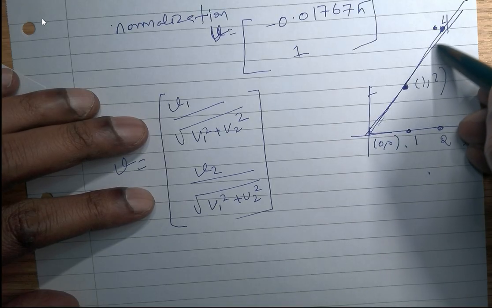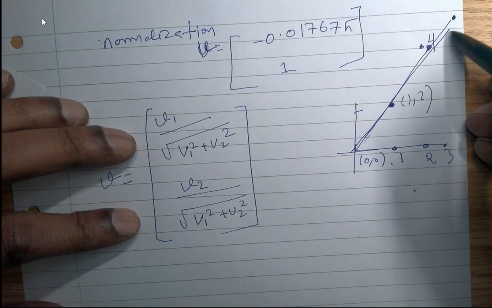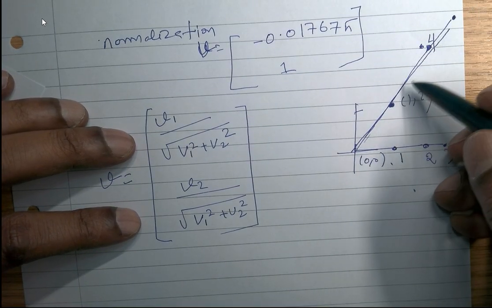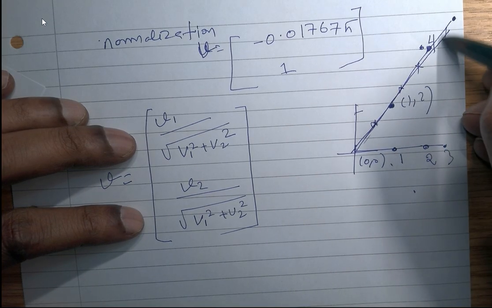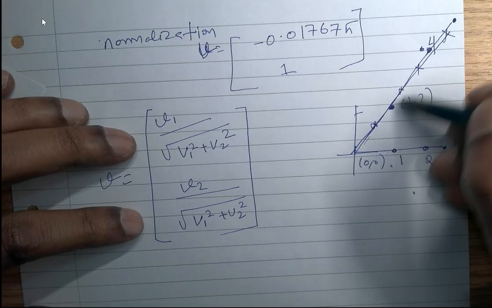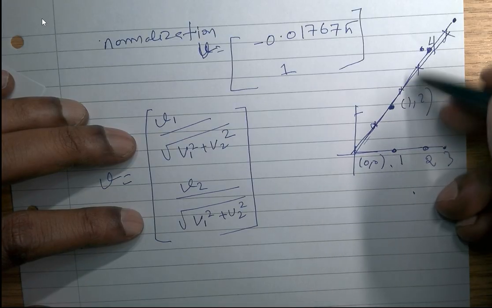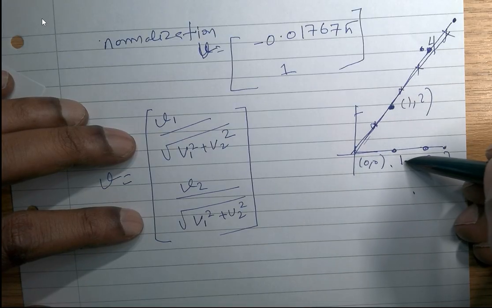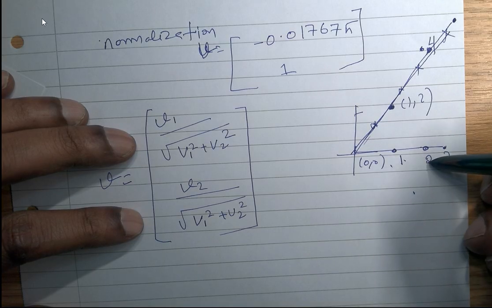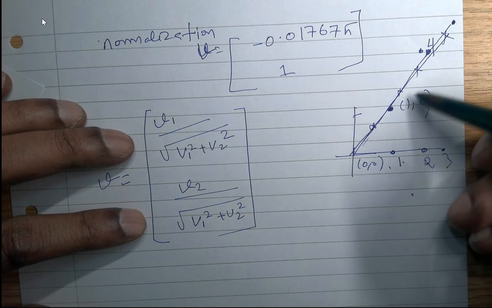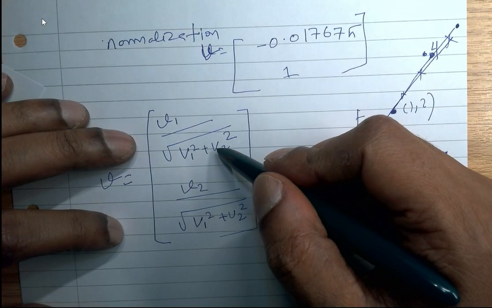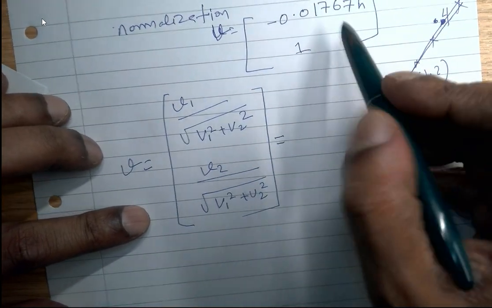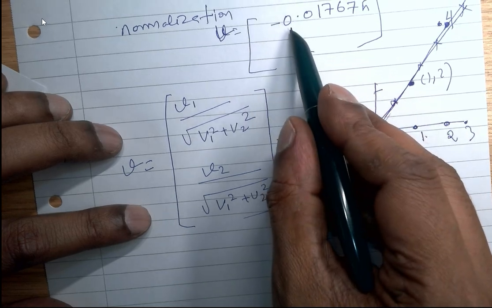It will lie on the same line. Everyone can use a different method in order to get any point on this line. So normalization means whatever method we used, I may assume a starting value of 1, you may assume a starting value of 2, but irrespective of the value we use to calculate, if we normalize, we all should get the same value, isn't it?